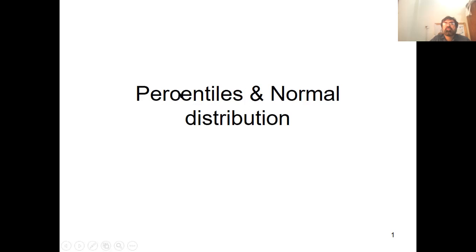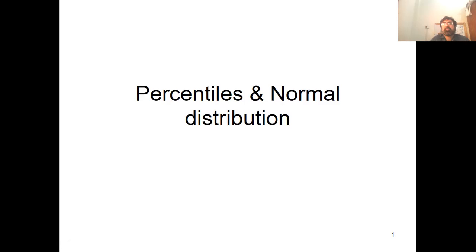And it tells you the position where a person stands. For example, if a student takes a test of ETA or any other NTS test and his score is 70 or 75, what will be his or her percentile?